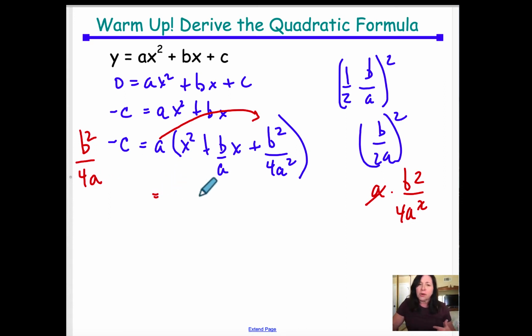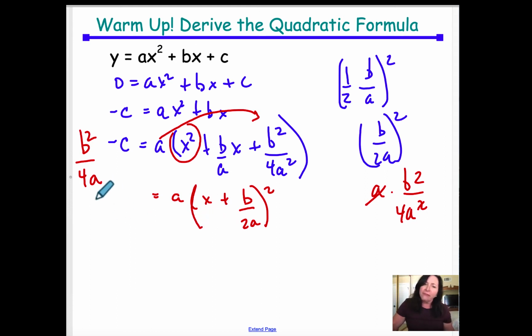So now what we're going to do is factor this. We have a here, and then we have x plus the square root of the first term, and the square root of this last term. So the square root of that last term is just b over 2a, and remember that's quantity squared. And on the left-hand side, I have two terms.